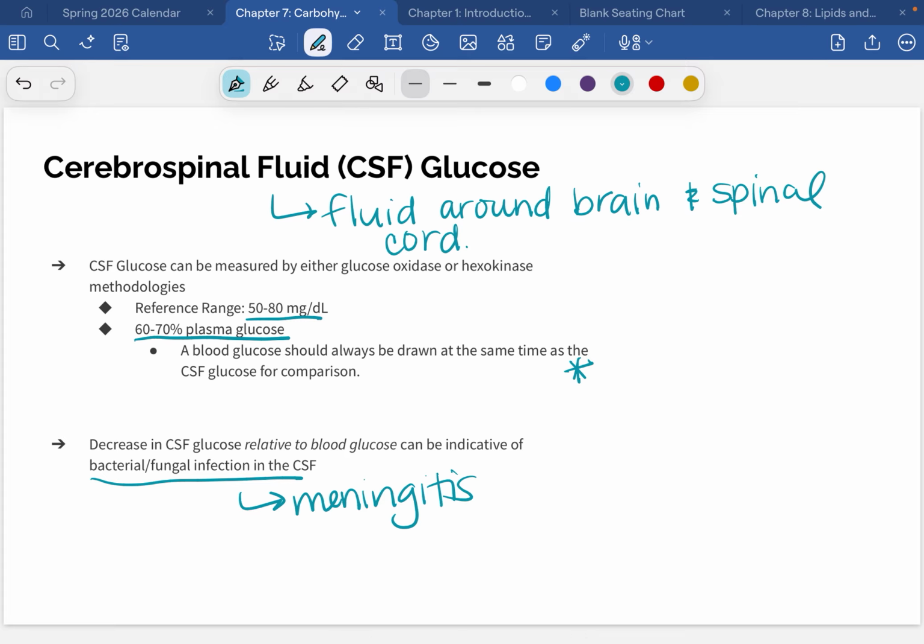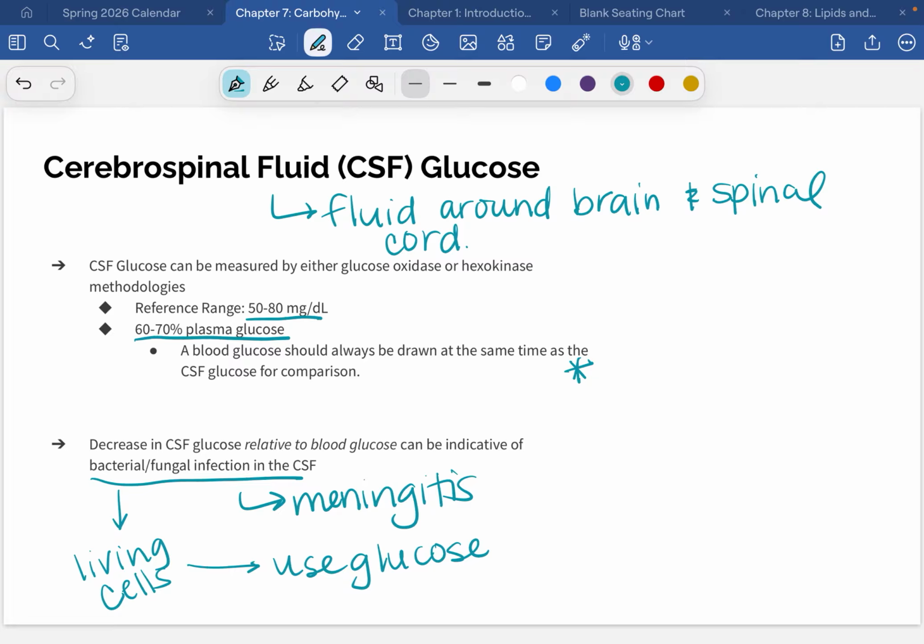The reason this is a useful test is because bacteria and fungi are living organisms. They are living cells, and living cells use glucose to survive.